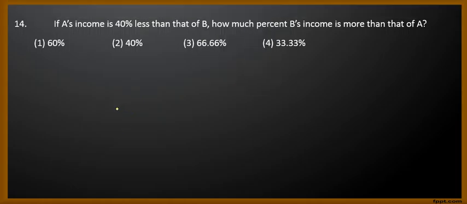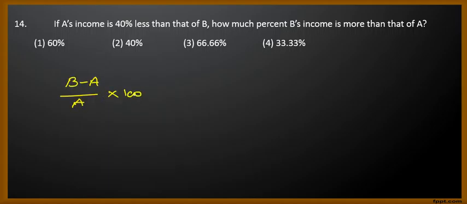See here, what is given in this question? If A's income is 40% less than that of B, how much percent is B's income more than that of A? What we have to find is B minus A by A into 100.